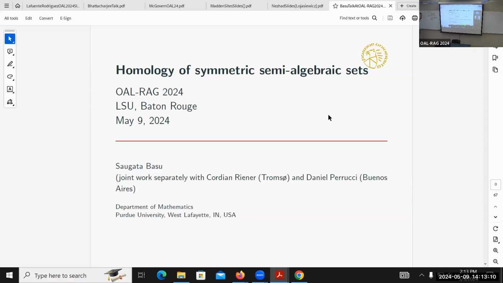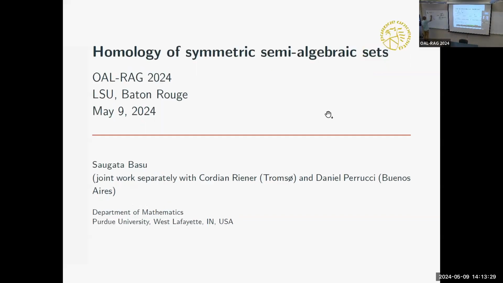Take the polynomial which defines the circle. It's a symmetric polynomial.